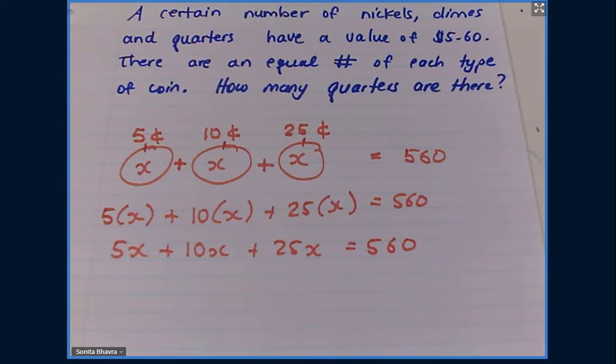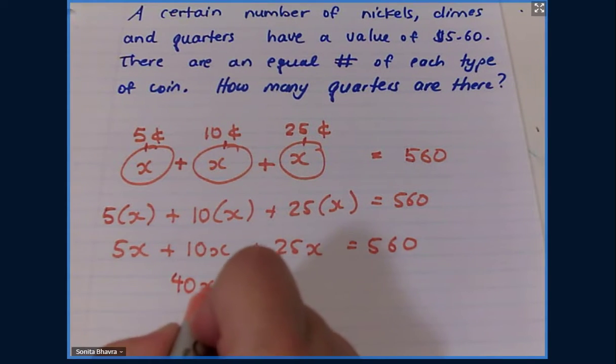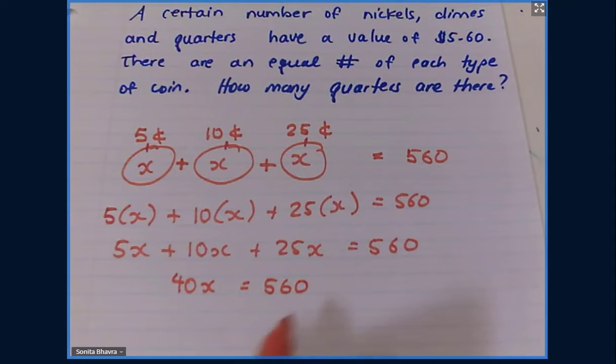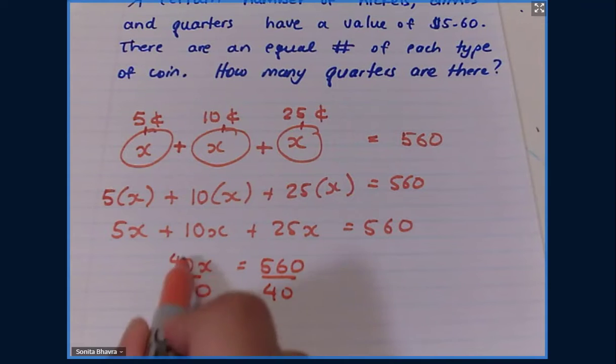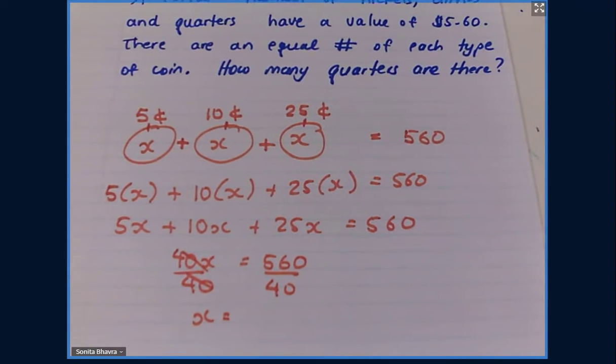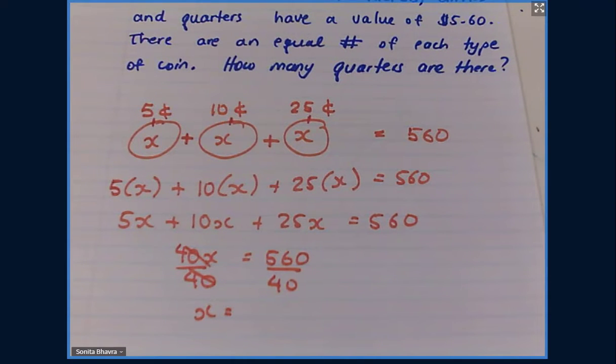Add that up, we get 5 plus 10 plus 25, and I'm just going to double check that, 40. We get 40x is equal to 560, and then we divide by 40 on each side, and that gives me x is equal to 14.